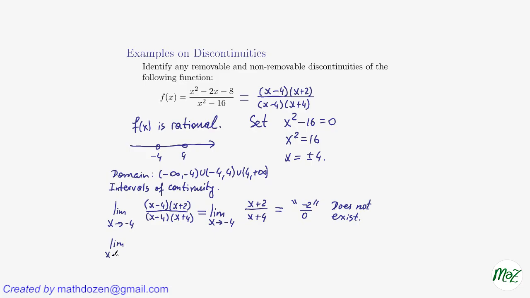For another limit, as x approaches 4, of x minus 4 times x plus 2 divided by x minus 4 times x plus 4, we get something useful.